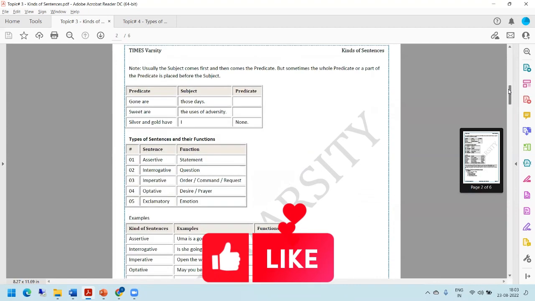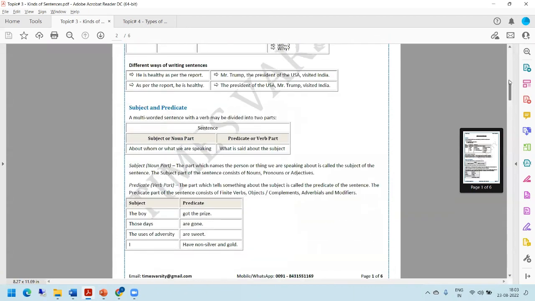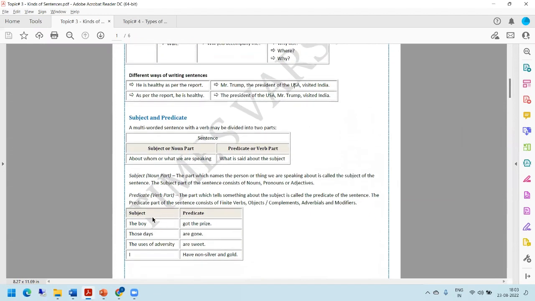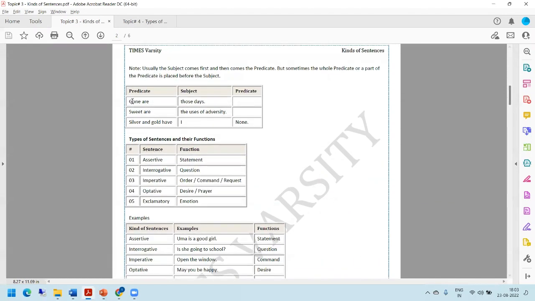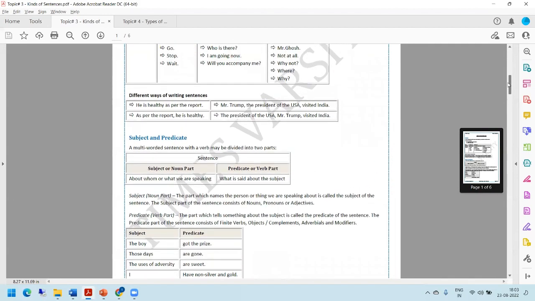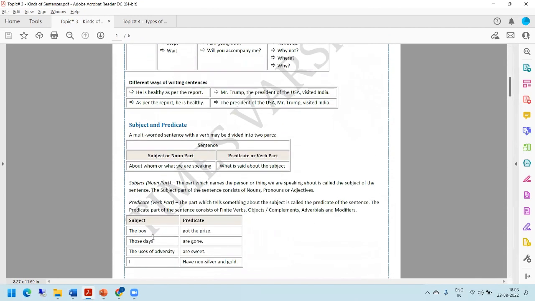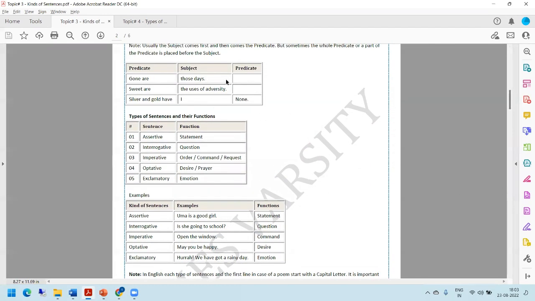Now, it is also possible that we can rearrange. So in the first case, the subject is coming first and then the predicate. This is one scenario, subject and then predicate. It is also possible that we will have predicate and then subject. So the same sentence, same message, you can express in another way. What is that? Right. So, those days are gone. So the same message you can convey like, gone are those days.